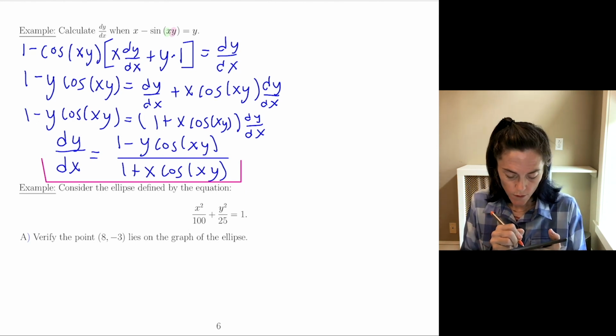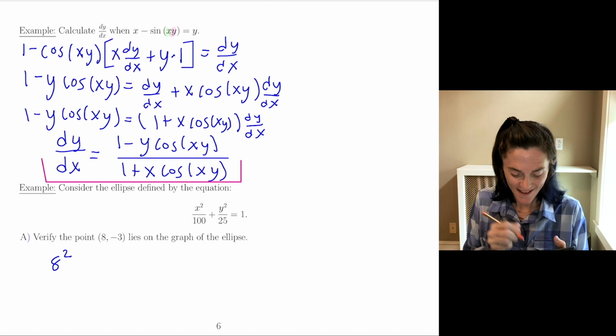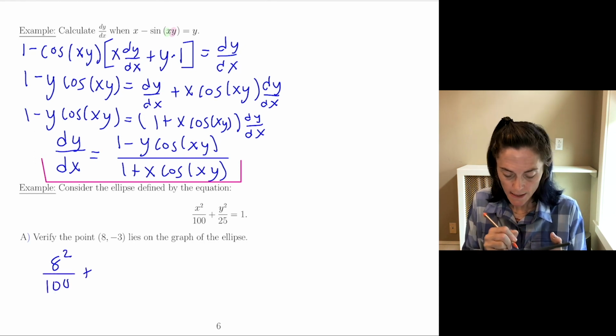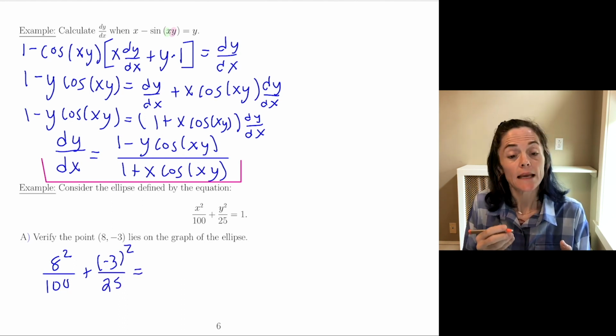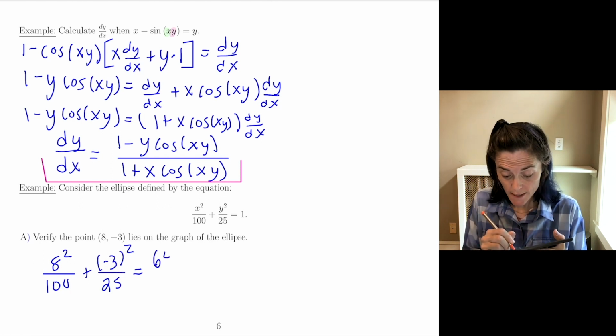Okay, so if you take 8 squared over 100 plus (-3) squared over 25, I should get 1. This 8 squared is 64, so I have 64 over 100 plus 9 over 25.